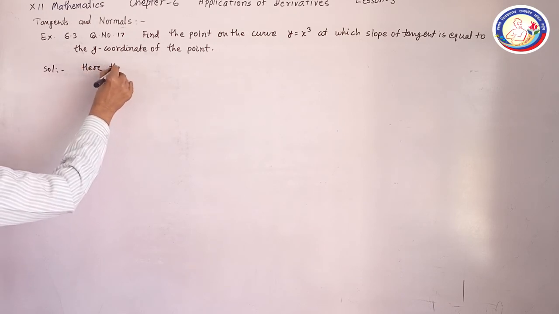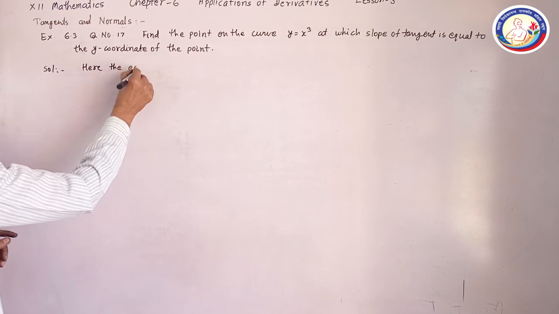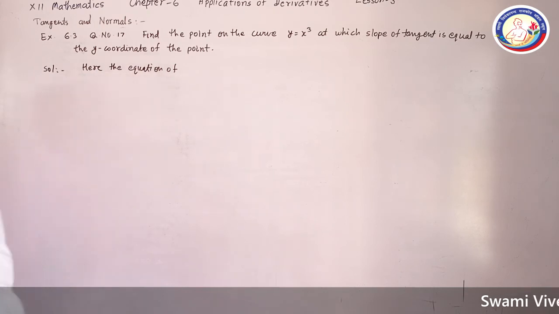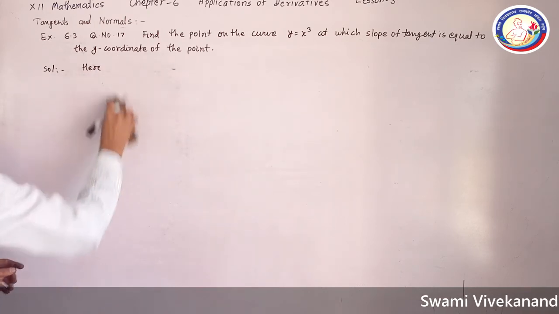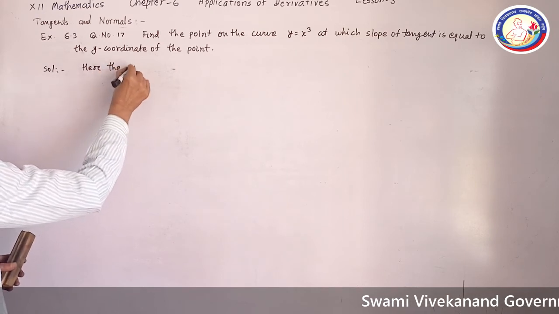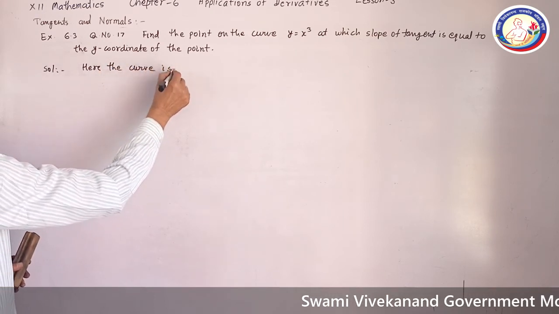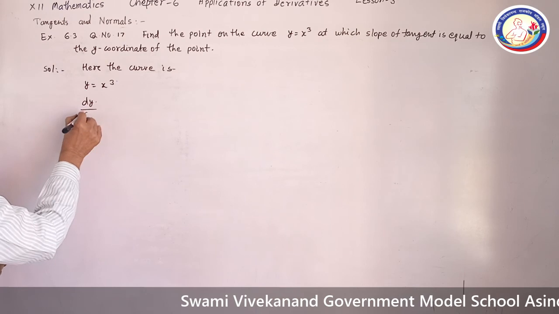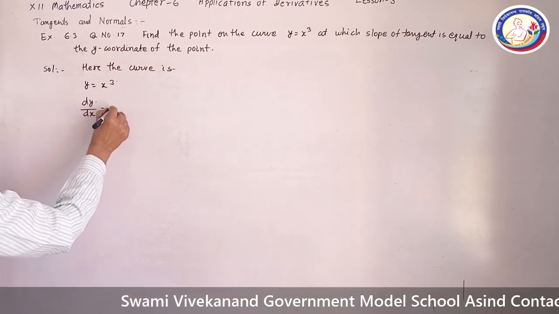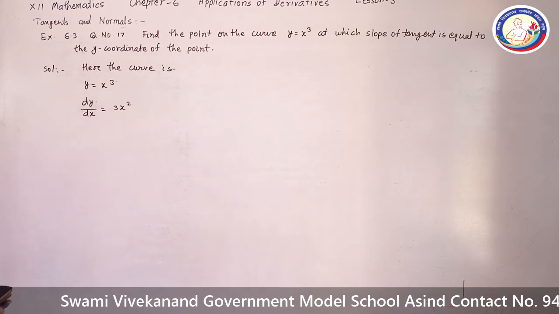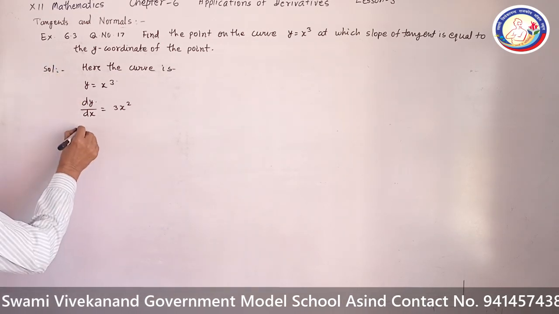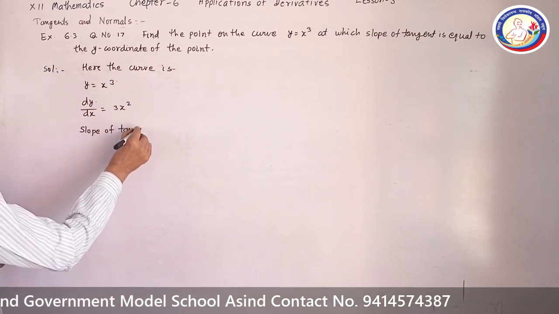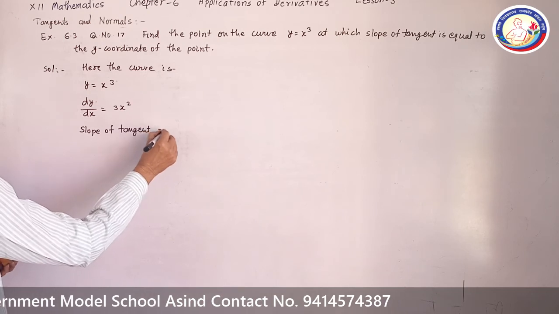Here the equation of the curve is y equal to x cube, and its derivative is 3x square. So slope of tangent is 3x square.